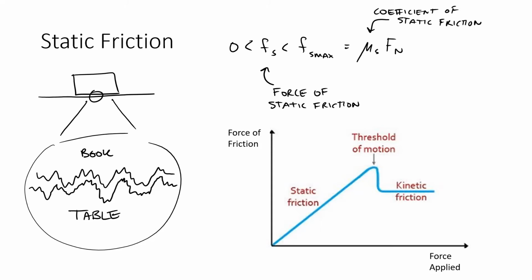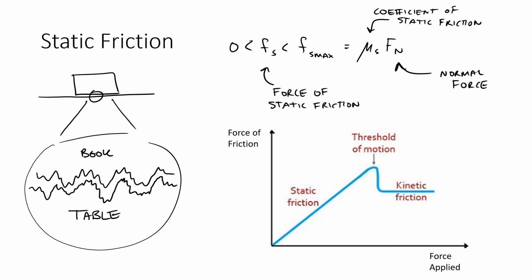This mu, that is just a number that depends on what the material is made out of. So each specific material has a different number. That's just a value. And this is the normal force that we know. And why do I have it like 0 to the force of static friction max?